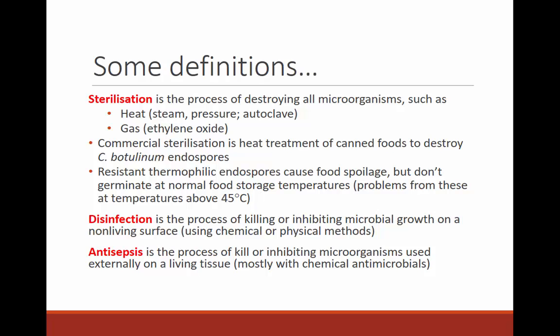Why do you use sterilization in the food industry? Obviously, if there's a foodstuff that's in a can, you want to sterilize that. You want to destroy any endospores, because if you think about the environment in a can, it's anaerobic. So if there are any endospores in there, the heat treatment during the process might be enough to kill off all the vegetative cells or the living cells, but the endospores might survive.